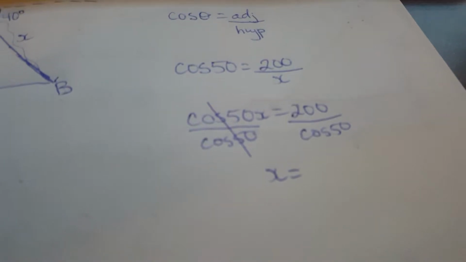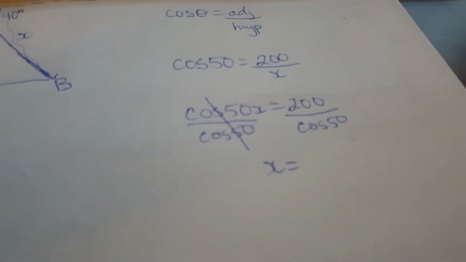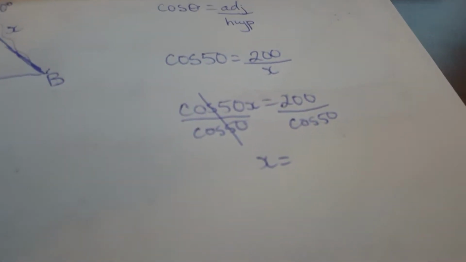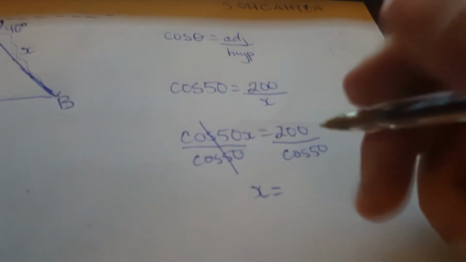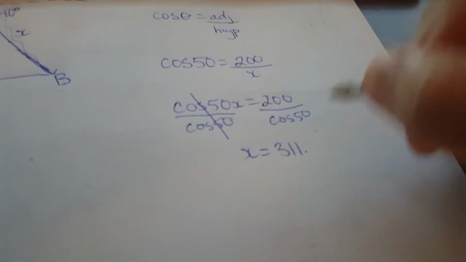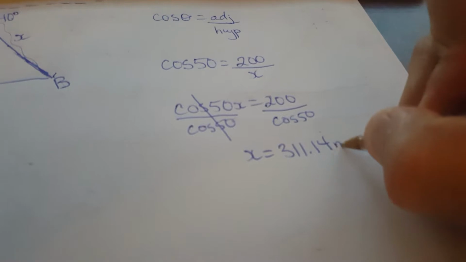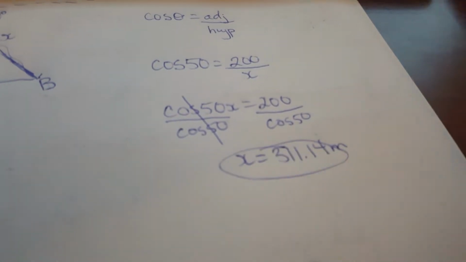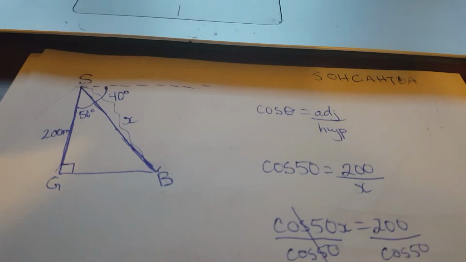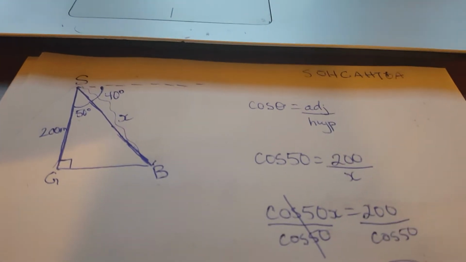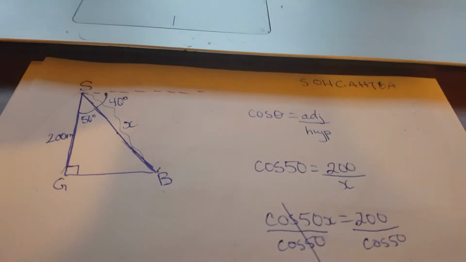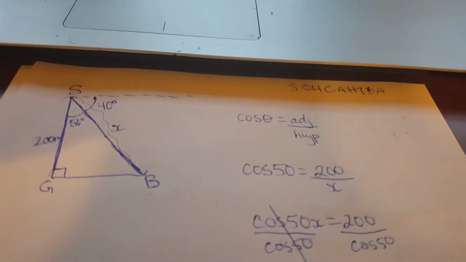I've got 200 divided by the cosine of 50, and I get 311.14 meters. That's it, done.